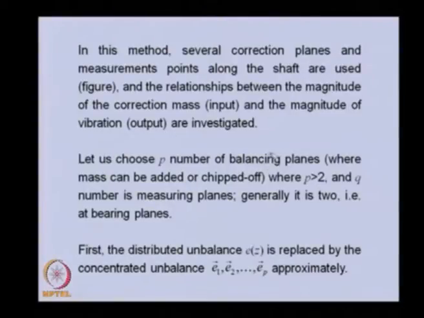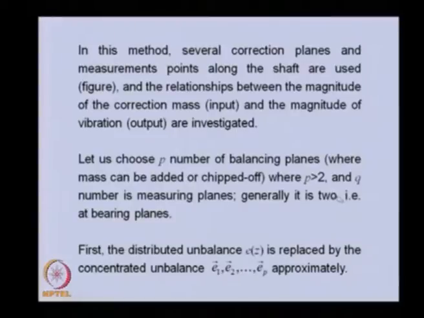Generally the number of balancing planes, when we are talking about the flexible mode, should be greater than 2, and generally we will have access to the rotor at the ends, from where we can remove the material or add the material in the form of correction mass to balance the rotor. And the number of measuring planes also, as I mentioned, because of practical limitation, generally is at the bearing location.